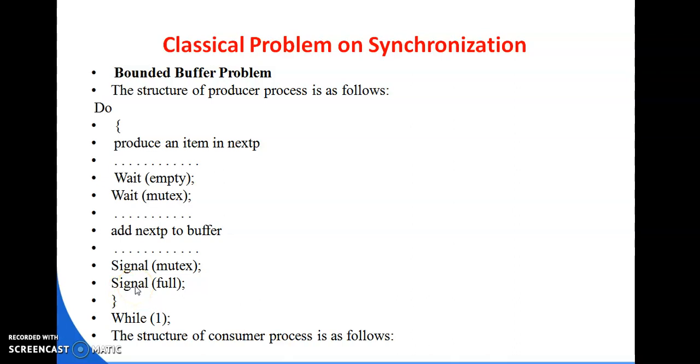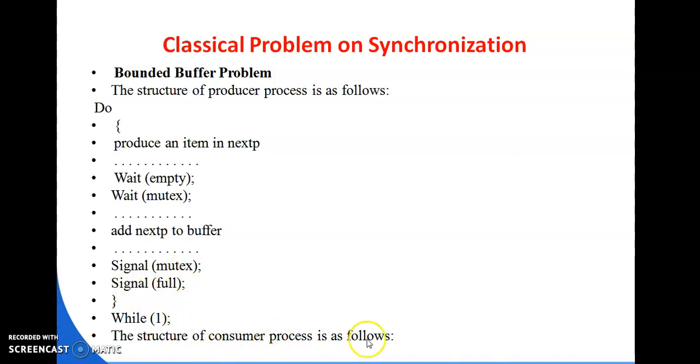The structure of the producer process is as follows. First produce an item in nextp, wait(empty), wait(mutex) for mutual exclusion, and add nextp to the buffer, then signal(mutex), then signal(full), while 1.